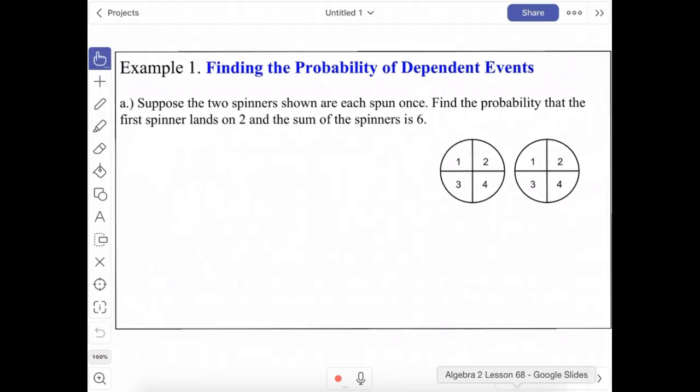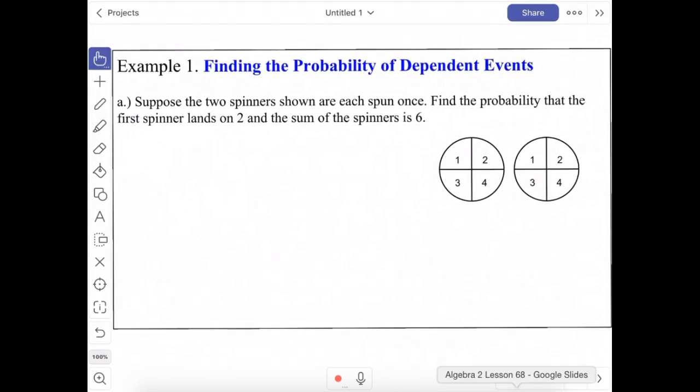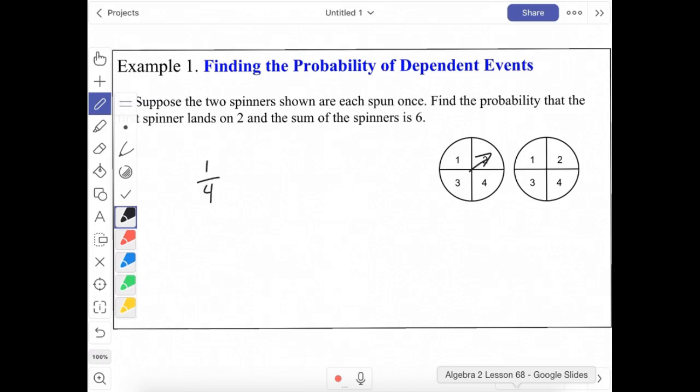Okay, so let's take a look here. Suppose the two spinners shown are spun once. Find the probability that the first spinner lands on a 2, and the sum of the spinners is 6. Okay, so let's say I spin this first spinner, I get a 2. So what's the probability of that happening? That would be 1 out of 4.